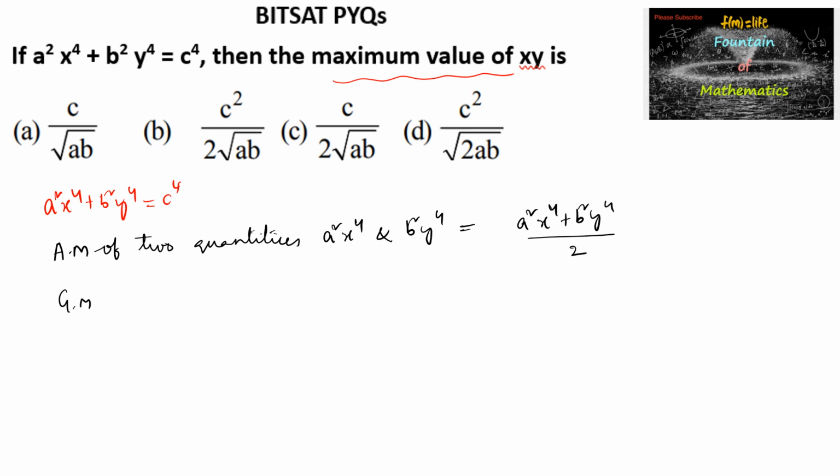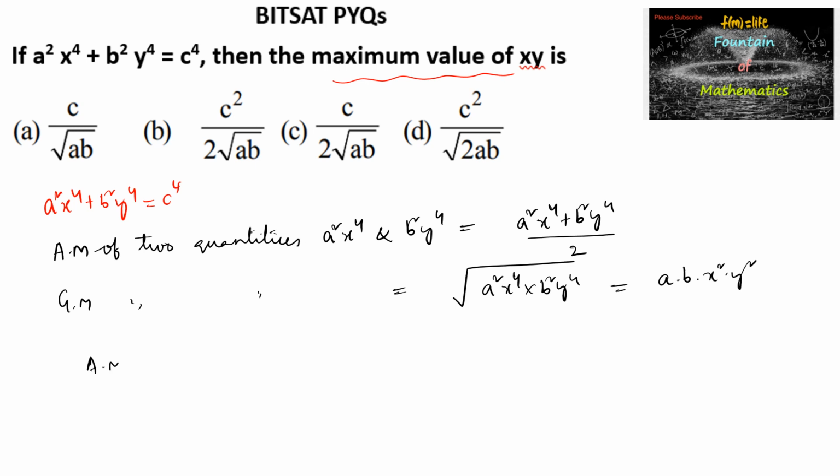And similarly, the geometric mean of the two quantities we can write as under root of a square x power 4 into b square y power 4, which can be taken as a into b into x square into y square.